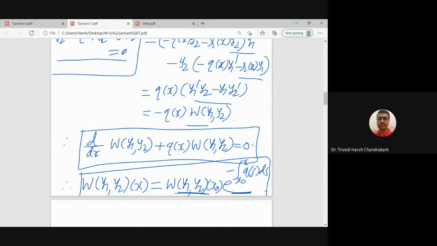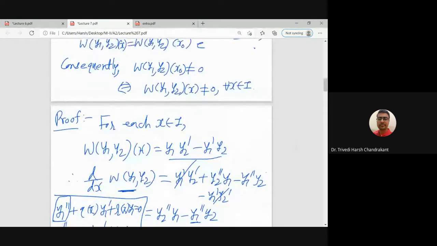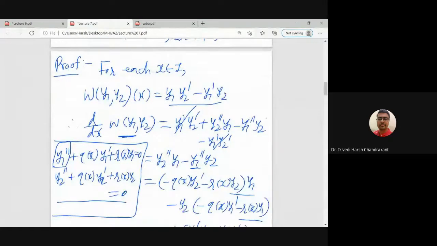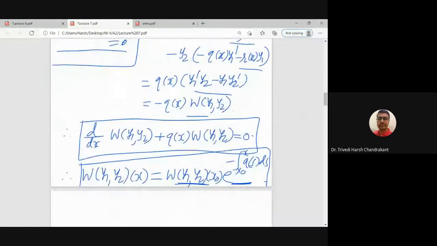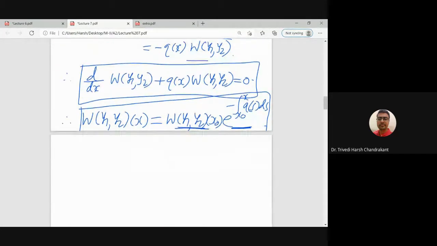So what essentially we got is, we started with the Wronskian, we differentiated it, we verified that the Wronskian is the solution of this first order linear differential equation, and then from the solution of the first order linear differential equation, we evaluated the Wronskian at each point x. Now in this formula, we can see that if this coefficient is 0, then the Wronskian is 0 at every point x.